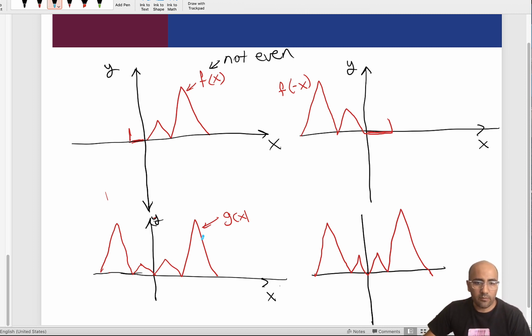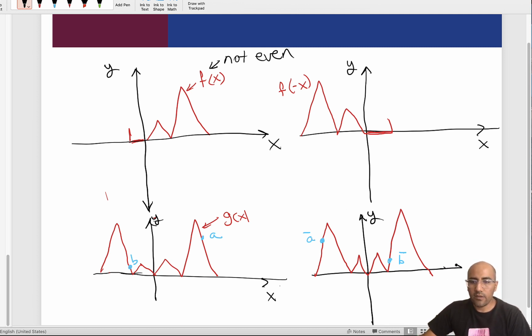This point here, point A, when we reflected it about the y-axis, moved over here to become this point over here, A bar. And a point right in here, B, in the original function, rotated to become this point over here, B bar. Right, so there was a switching around, but both graphs look identical. So once I reflected them across the y-axis, they looked identical.